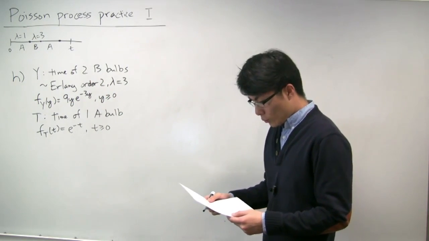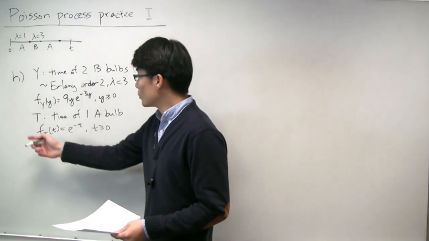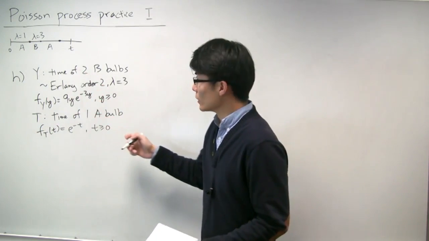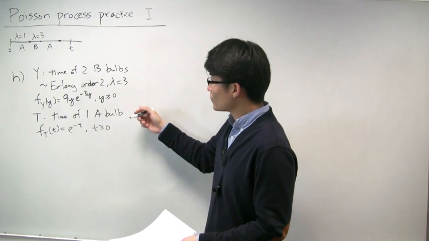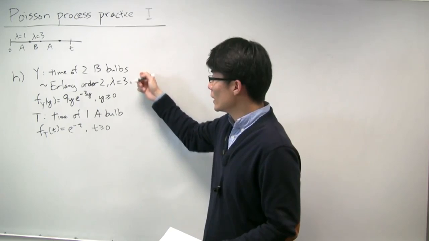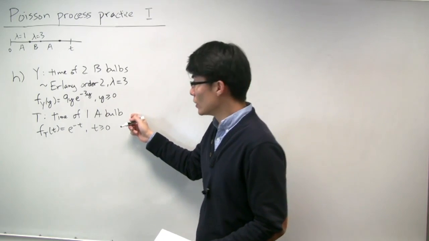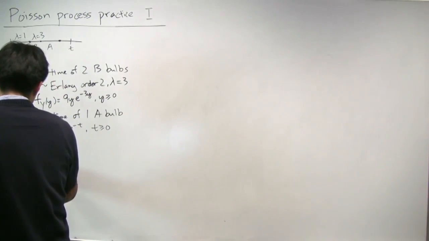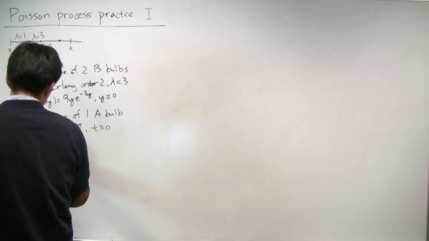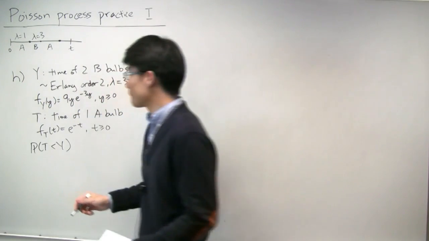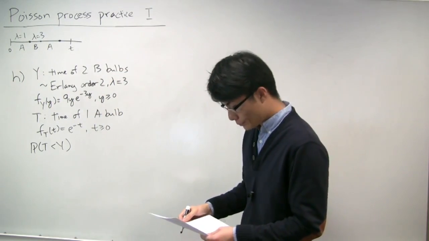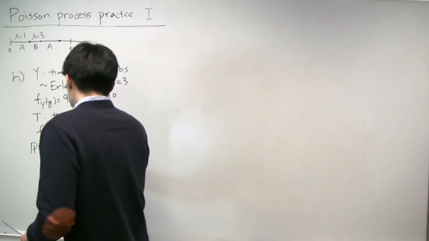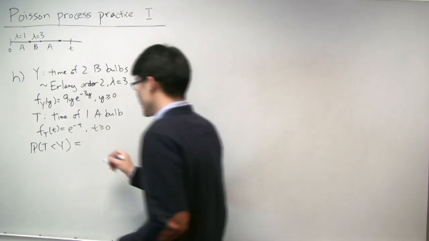And so what we're asked to do now is really just find the probability that one of these is greater than the other. And we want the probability that 2 B bulbs last longer than 1 A bulb. So we can write that as the probability that T is less than Y. And to find what that probability is, we can condition.